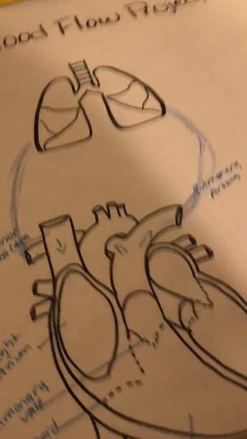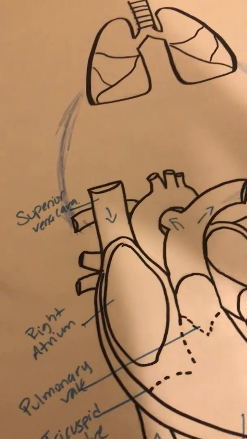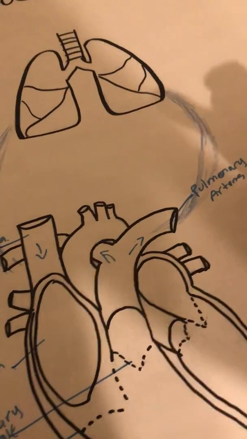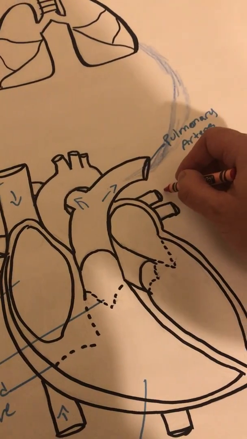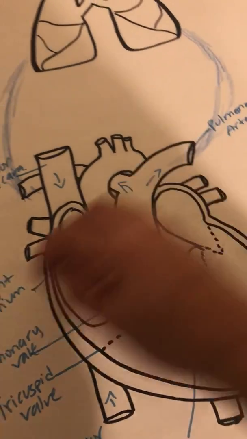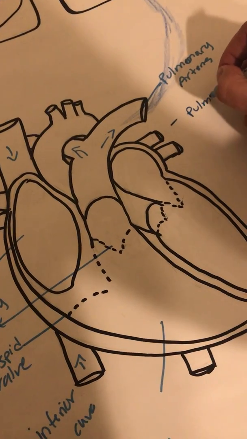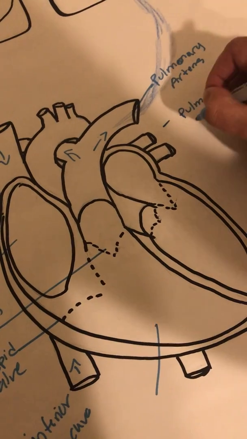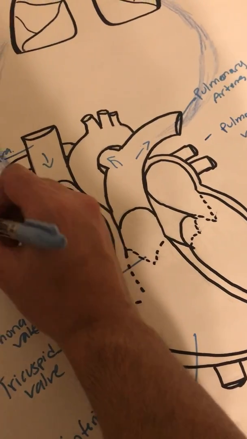And then when that is done, oxygenated blood, or what we call rich blood, will return into the left atrium, which is here, coming through the pulmonary veins, which are these guys here. So pulmonary veins, same here.